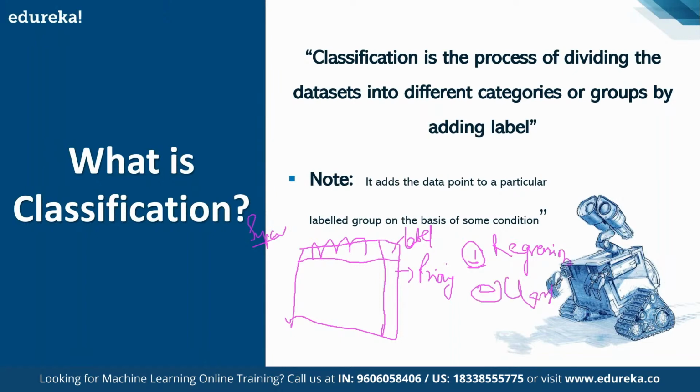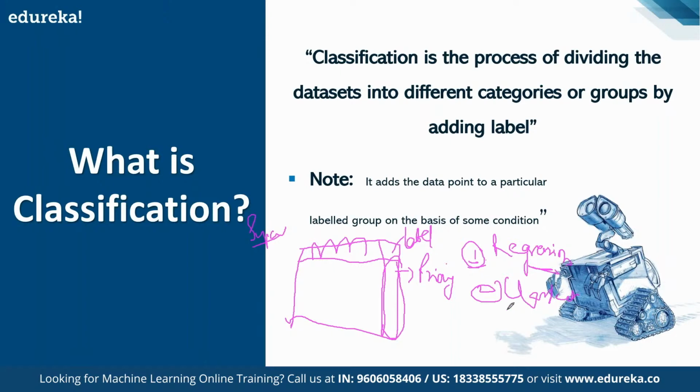Now what is the difference between regression based and classification based supervised machine learning? Regression based supervised machine learning is where what you want to predict is continuous in nature. Imagine you want to predict the community prices, which is a continuous value. If it is a continuous value, then we will go ahead with regression based supervised machine learning.